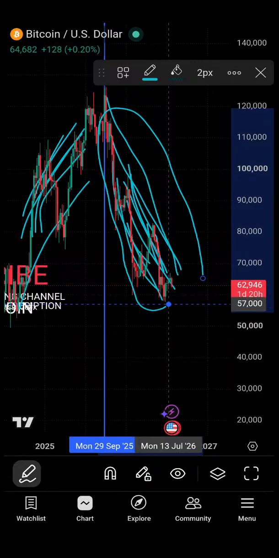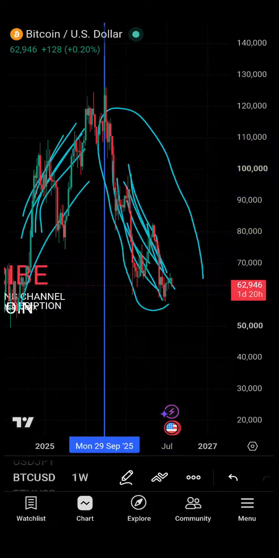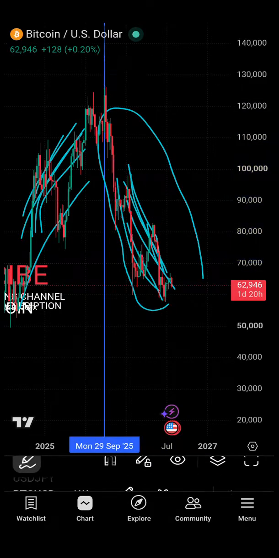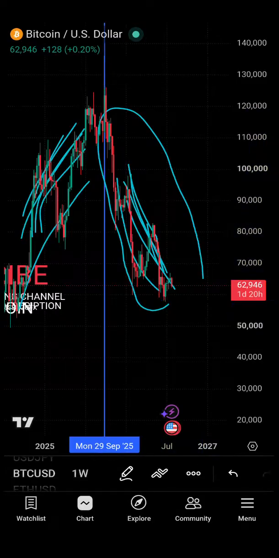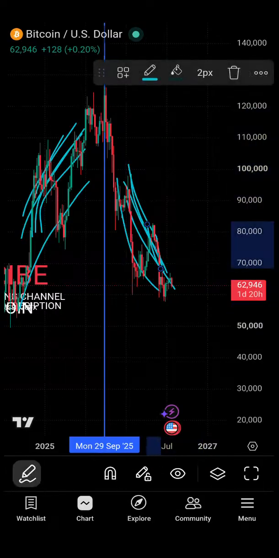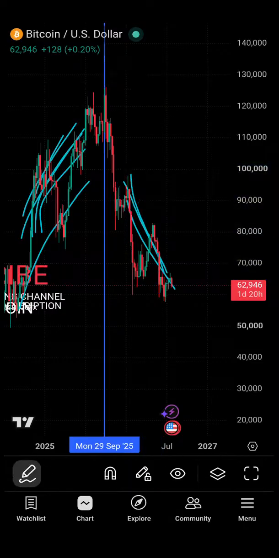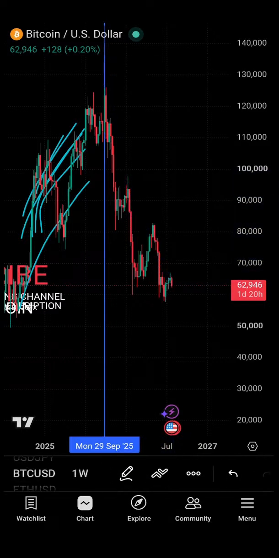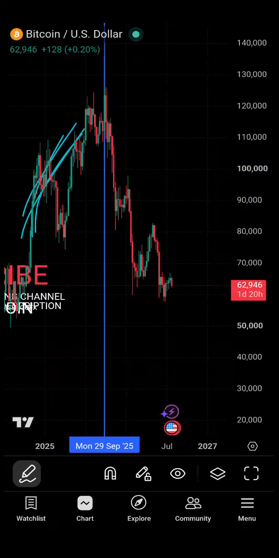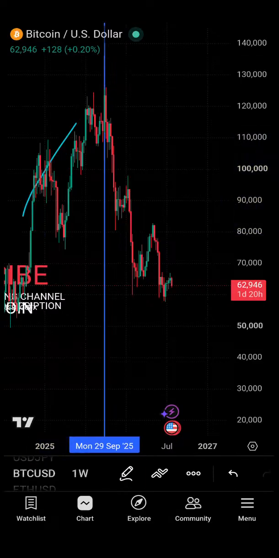So now let's remove all these lines so that we can see the chart better, for us to do a top-down analysis on Bitcoin to see where it is heading from where it is now. Is it going to explode or is it still going to drop?